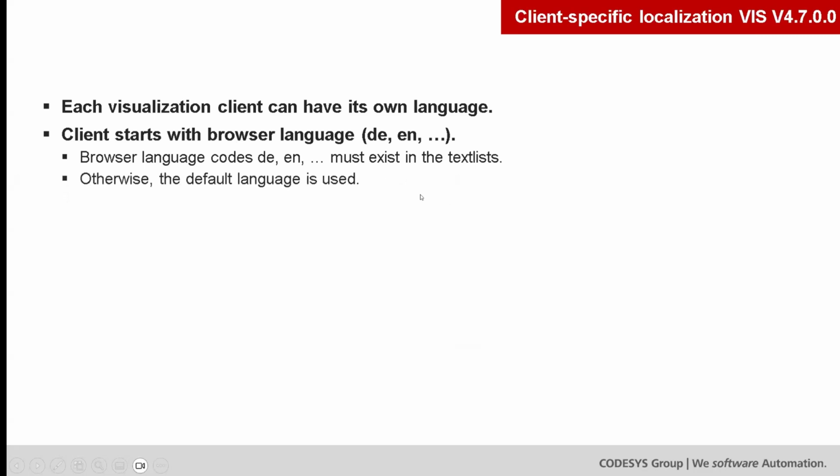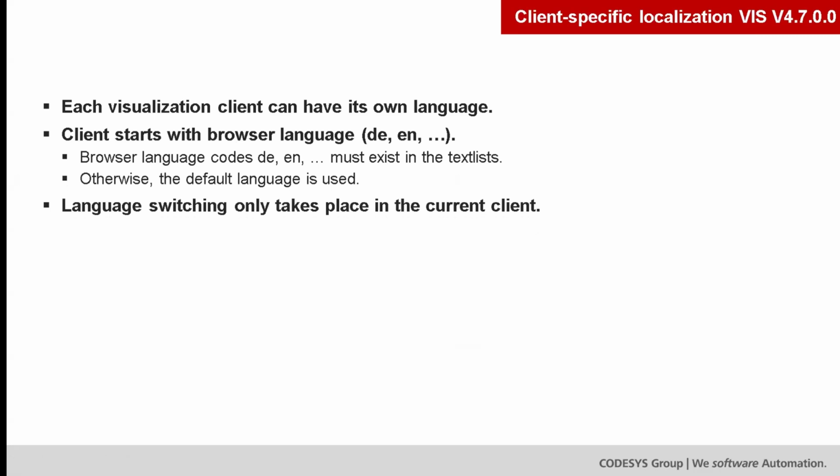If the language does not exist, the default language is used for that client. So the language switching only takes place in the current client, and each client can have now its own language. That's new.